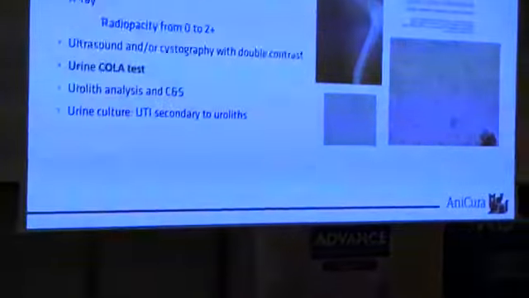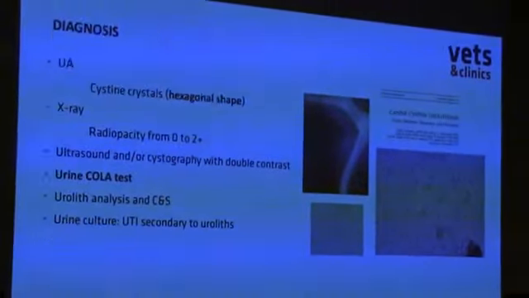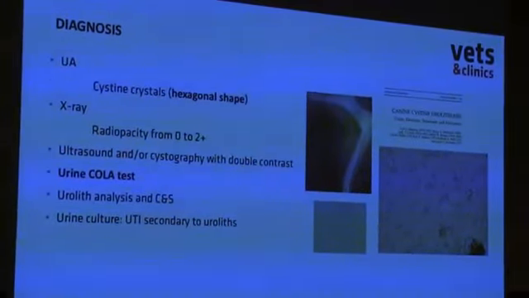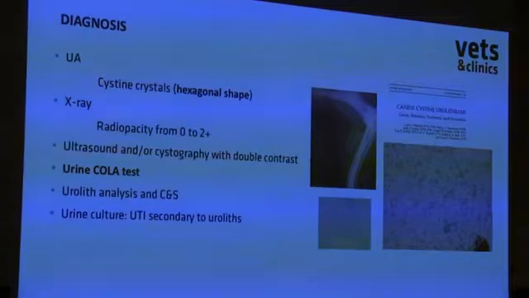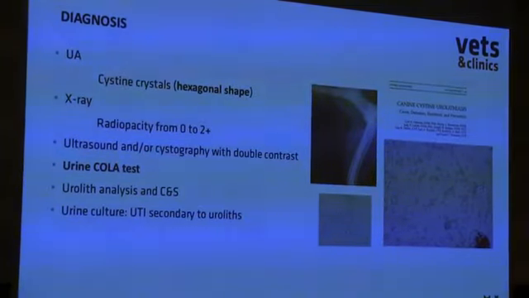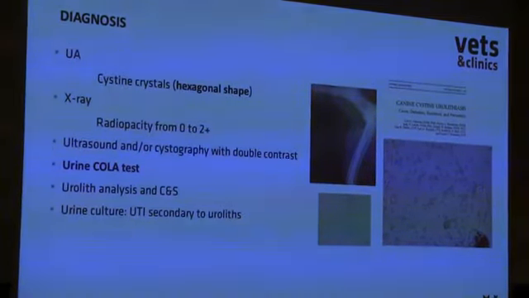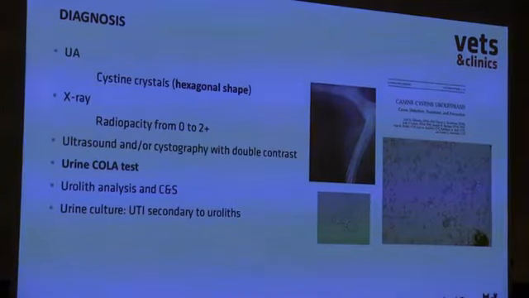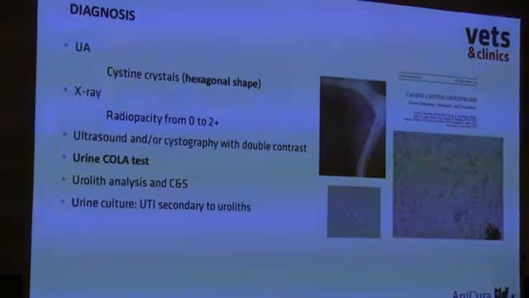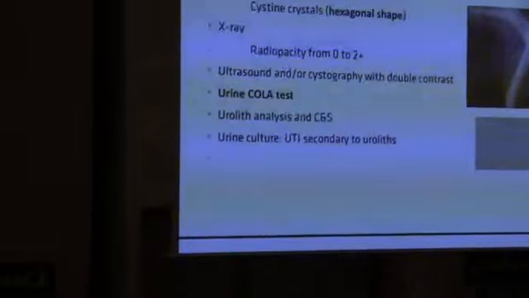urolithiasis is this kind of crystal with this beautiful hexagonal shape, okay? The radiopacity can be totally radiolucent or mildly radiopaque. And if we want to diagnose that there are so many amino acids in the urine, we have to do the urine cola test, okay?